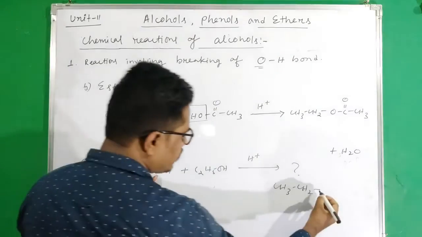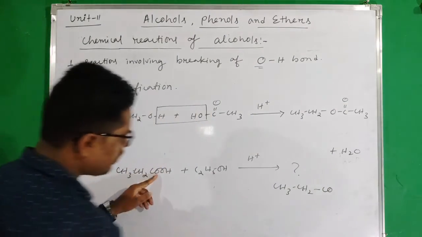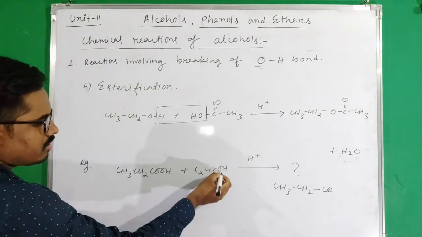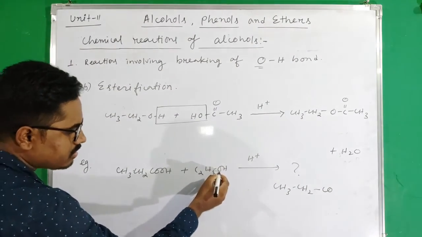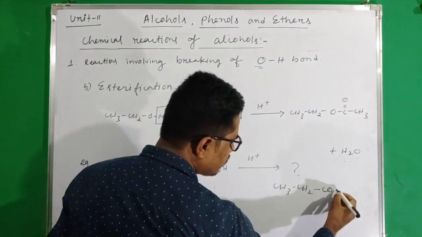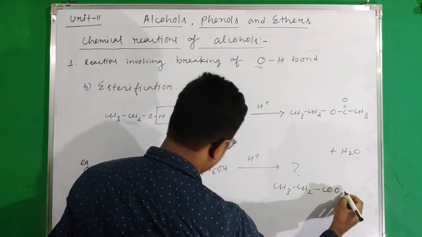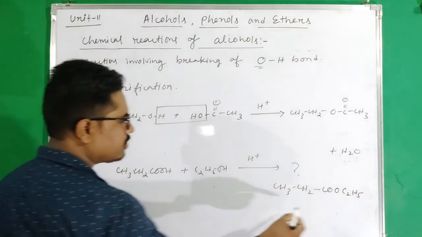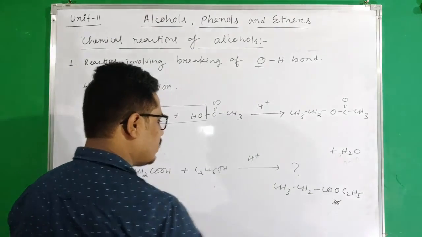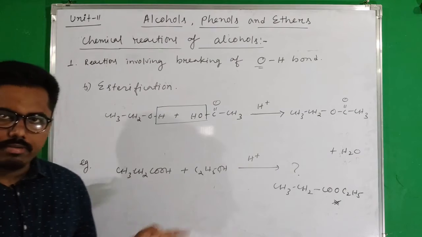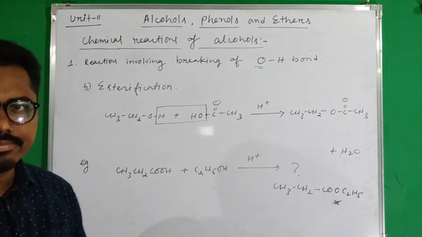Okay, and now in case of alcohol the hydrogen was removed, and due to removal of hydrogen this oxygen will form a bond with this carbon atom, and the result is this one, and this one is also an ester. So we have studied about esterification reaction.